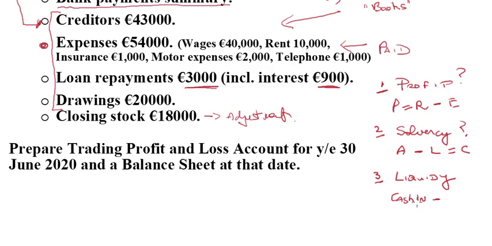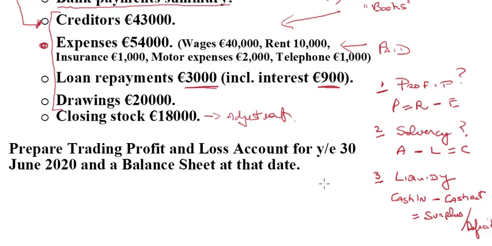So any money they receive from whatever source, they put into the bank, and we subtract from that the cash out. We assume that all money coming out of the business comes out of the bank. That should equal a surplus if there's more cash coming in, or a deficit if there's more cash going out.